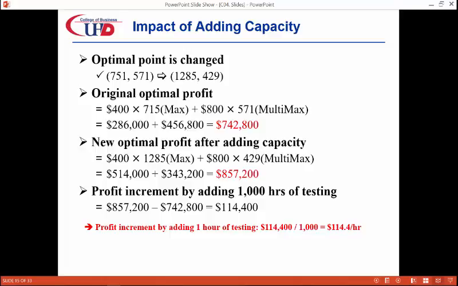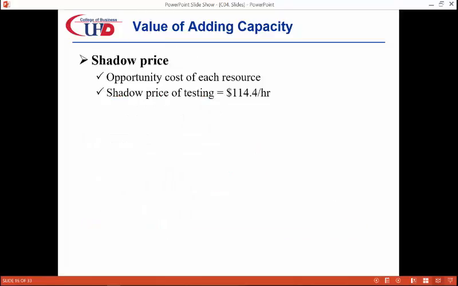This is a very important number to testing capacity, especially when we want to expand this capacity. We call this number the shadow price of testing capacity. Shadow price is the opportunity cost of a resource.